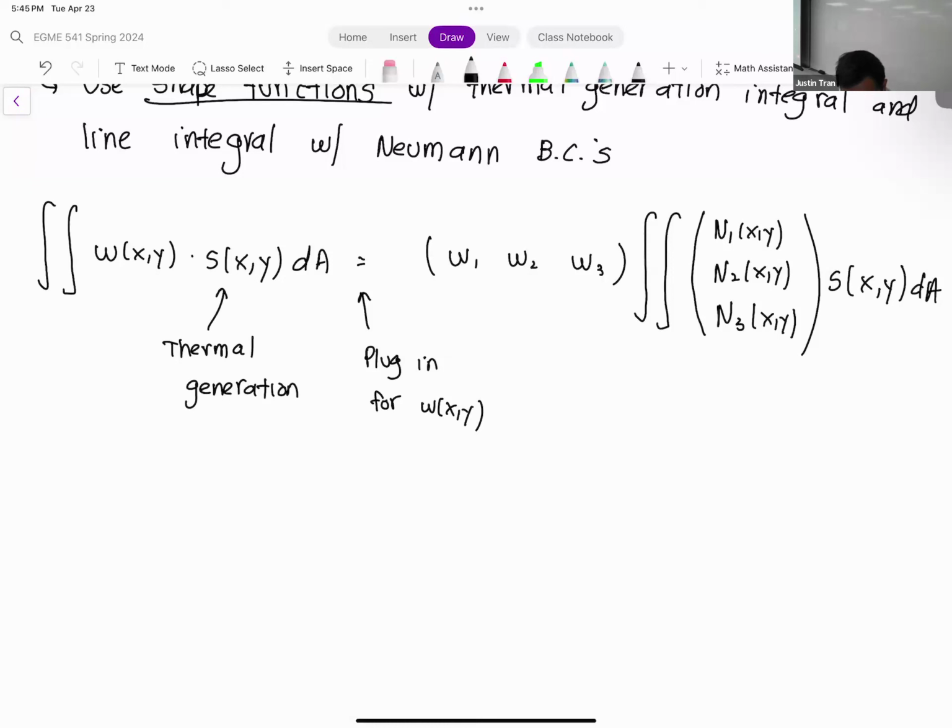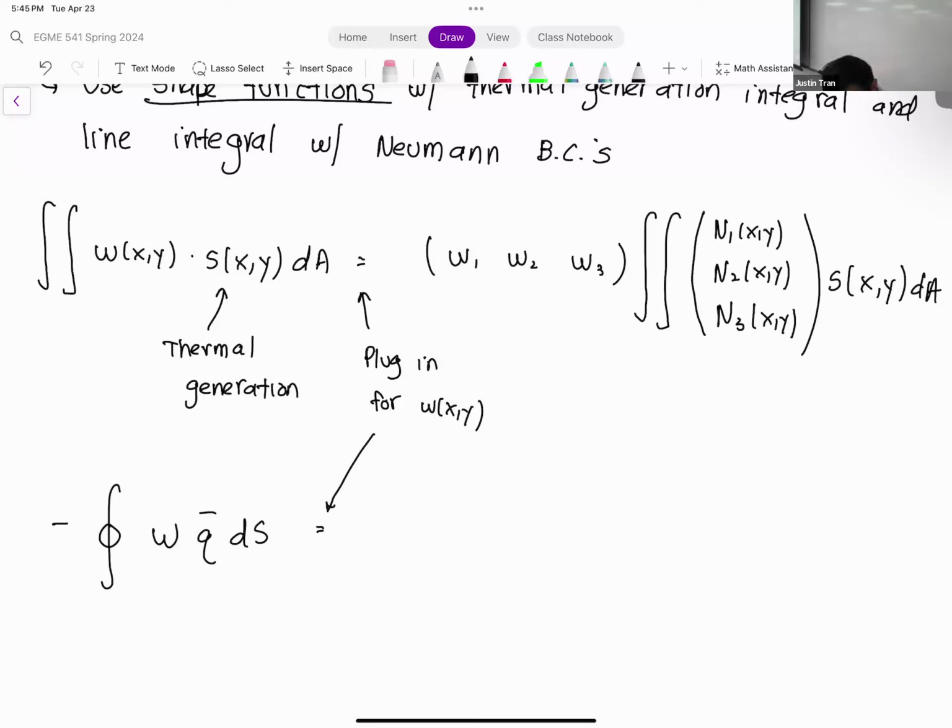All right, and then we also have our Neumann boundary condition term. Our Neumann boundary condition term was this line integral. Remember what that symbol means: the integral with the circle through it, it looks like a musical note, but it's not. It's a line integral around the boundary of our element, times W Q bar ds. Once again, we're just going to plug in for our W here.